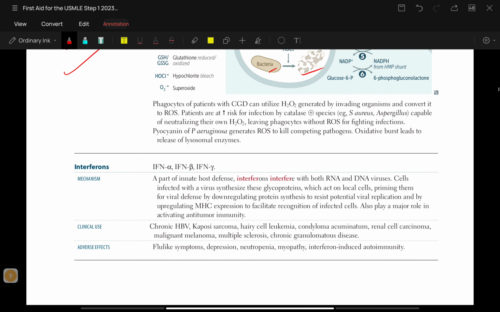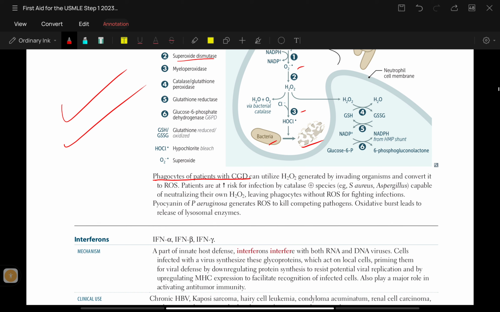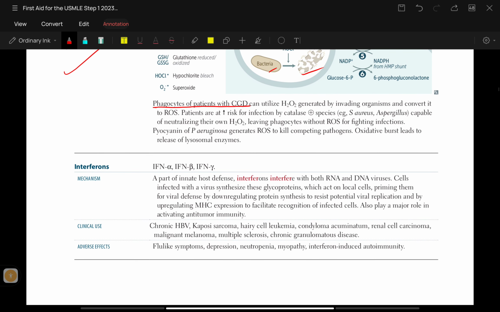phagocytes of patients with CGD, chronic granulomatous disease, cannot utilize H2O2 generated by invading organisms and convert it to ROS.